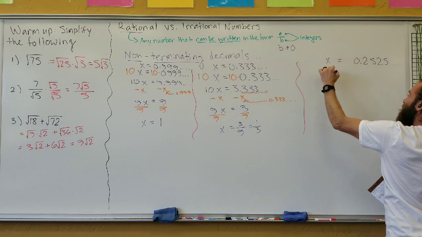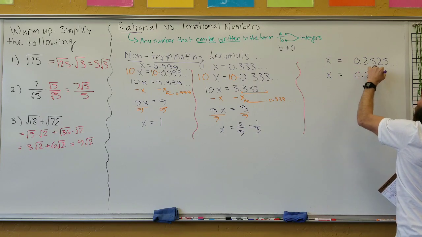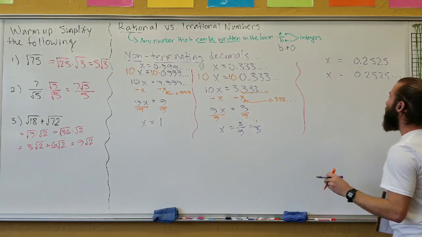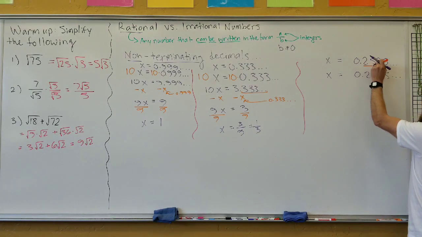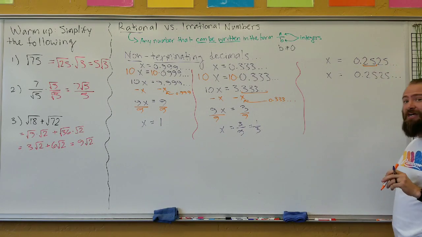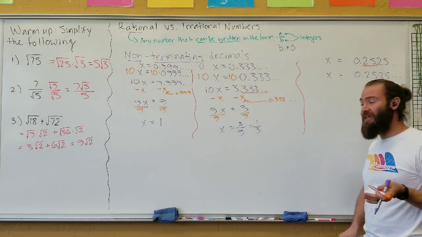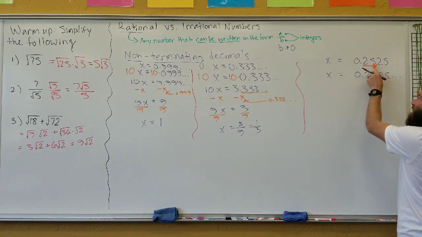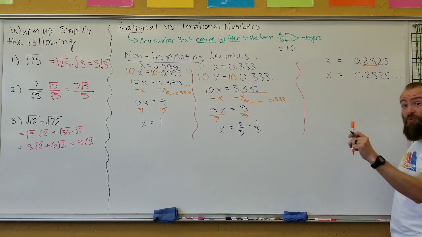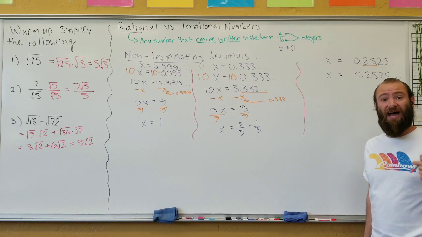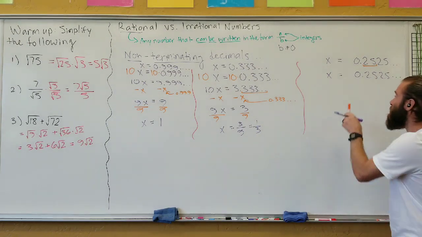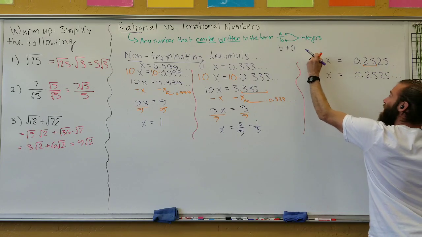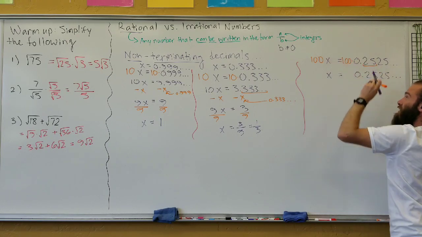If I have 0.2525, however many digits you see repeating, we're actually going to multiply by a power of 10. You see powers of 10 again, like we saw before? That will move the decimal all the way to the end of the pattern before it repeats. So in this case, there's 2 digits that repeat, so we'll move it to here, and that means I need to actually multiply by 100, not 10.